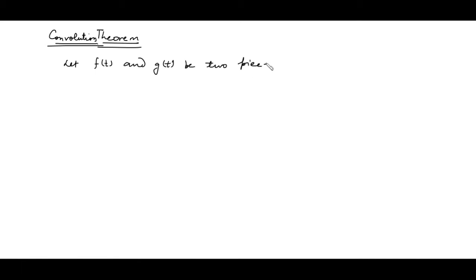Now the next topic is the Laplace transform of convolution, and that is the convolution theorem. We are given two functions, let f(t) and g(t) be two piecewise continuous functions defined on 0 to infinity, and both functions are of exponential order also.